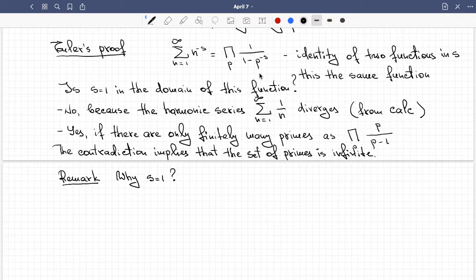So, for example, it looks like a good idea to put s to be -1. Say, why not s equals -1?